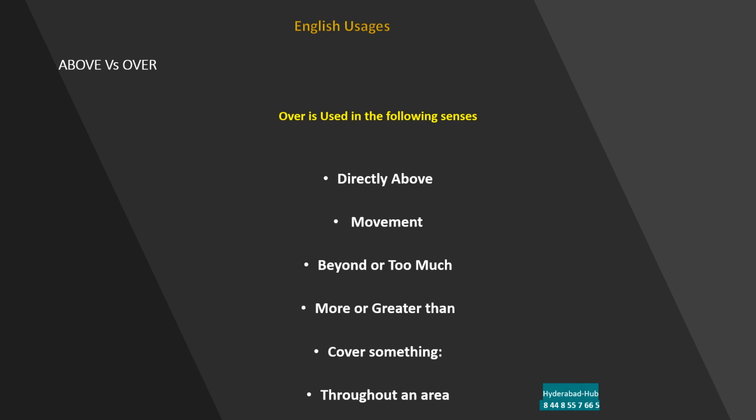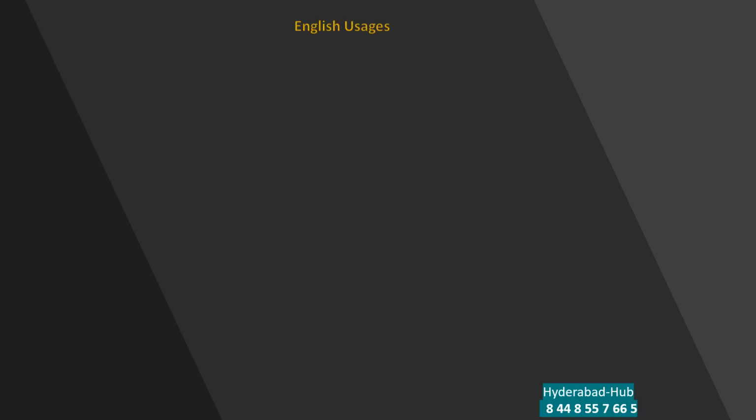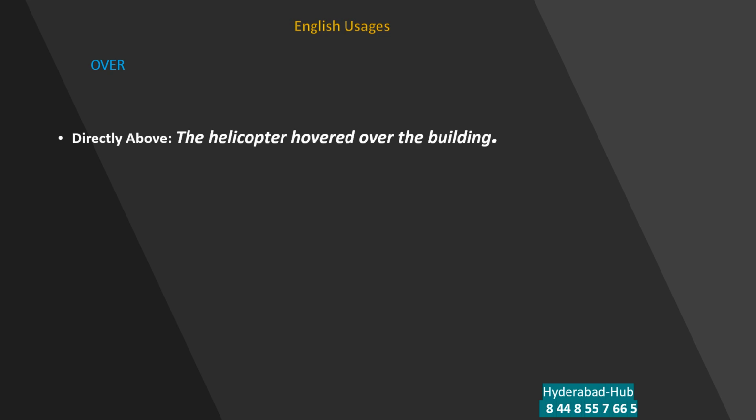Now let us see one by one. Over means directly above. The helicopter hovered over the building. That means the helicopter hovered directly above the building.